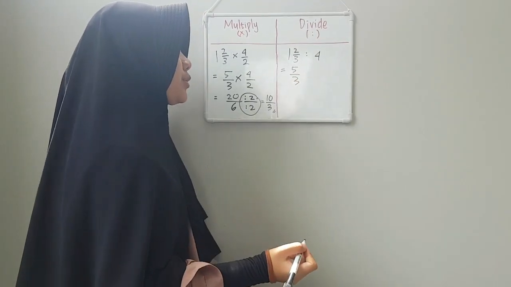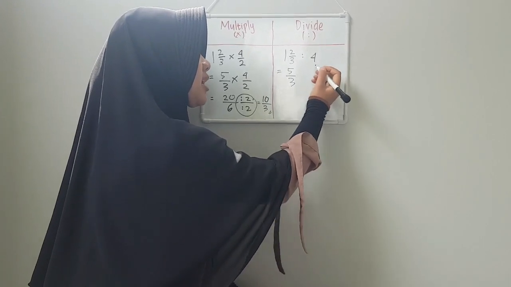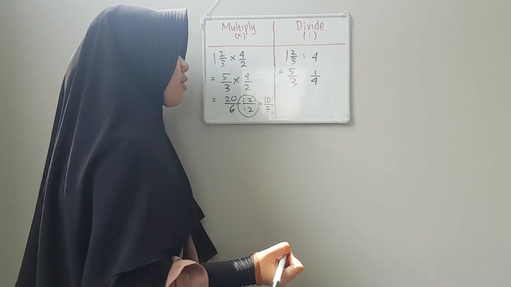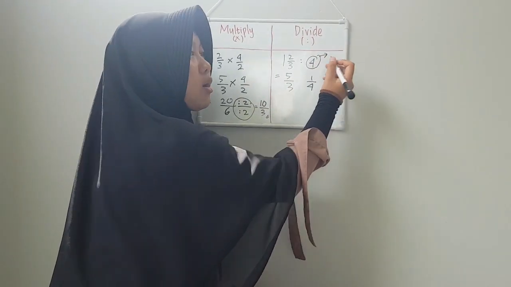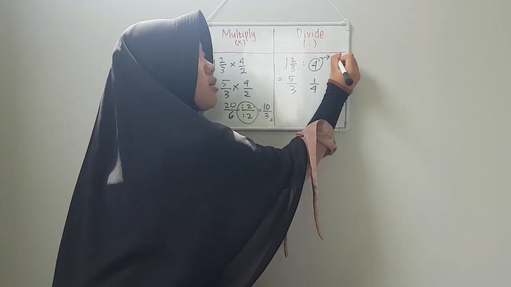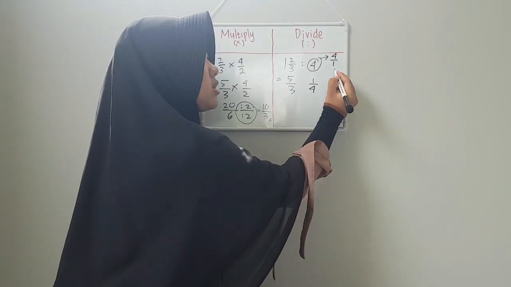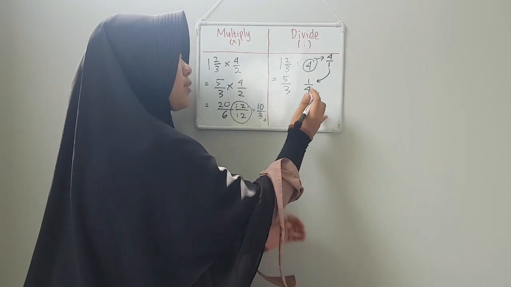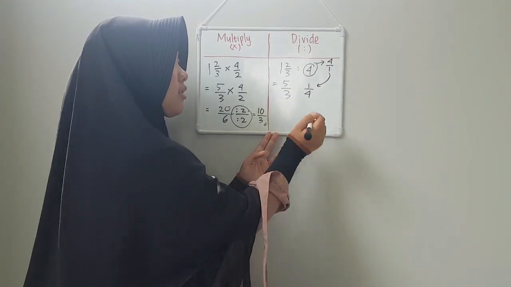And then we have to turn over the 4, so it becomes 1 over 4. Why? Because we know that 4 equals 4 over 1, and when we turn it over into multiplication, it will become 1 over 4.